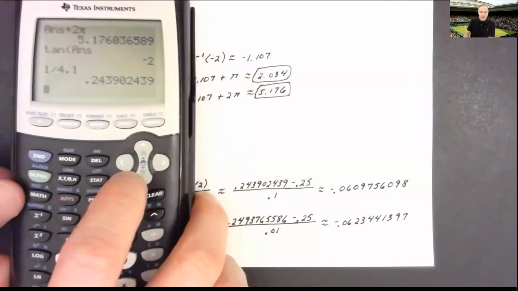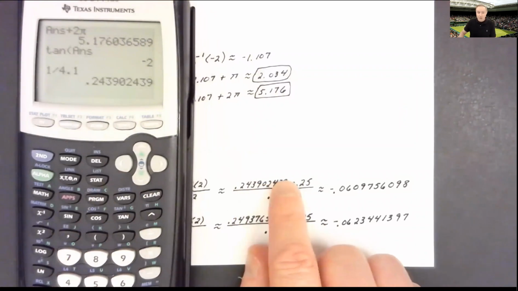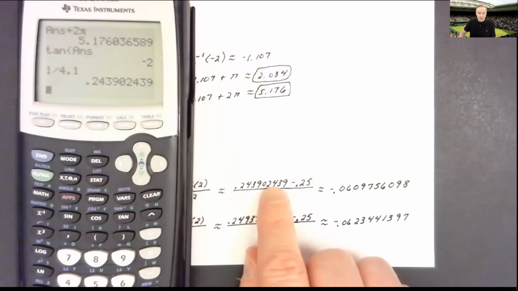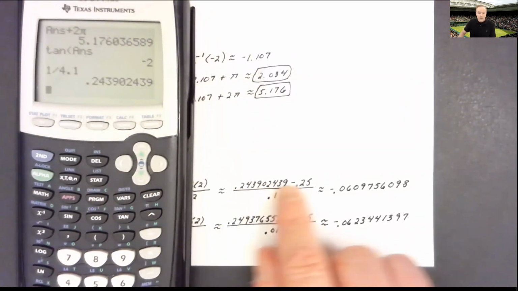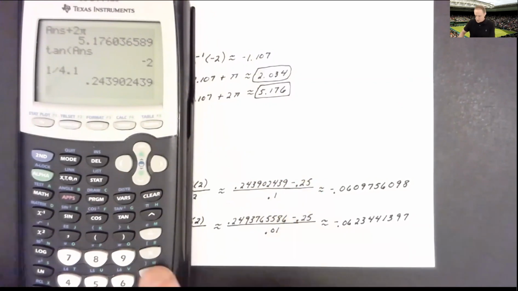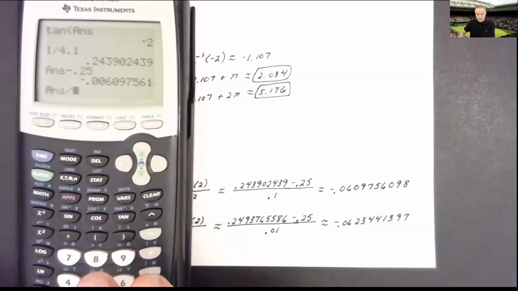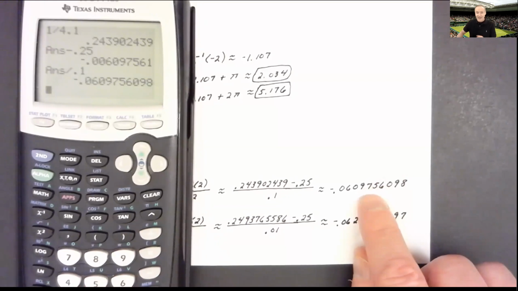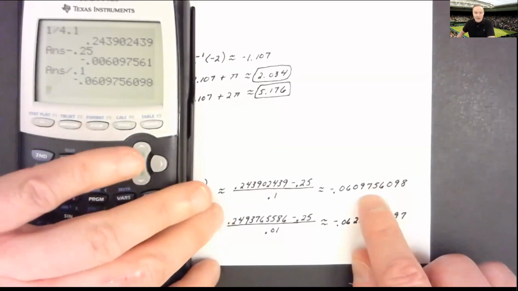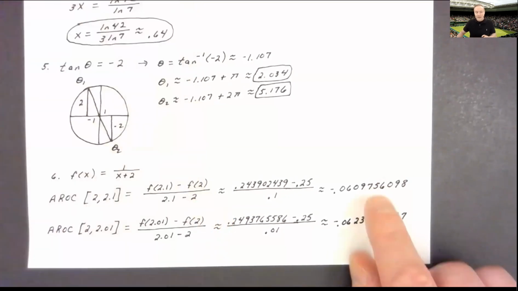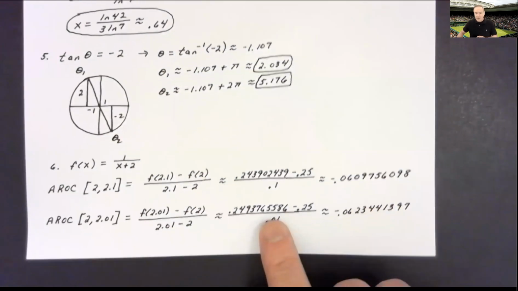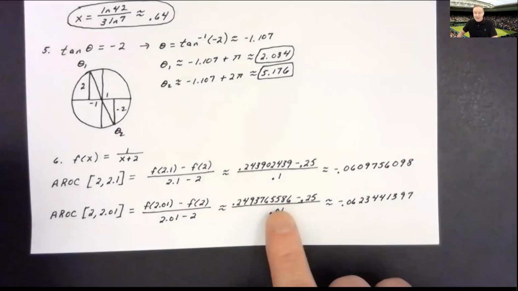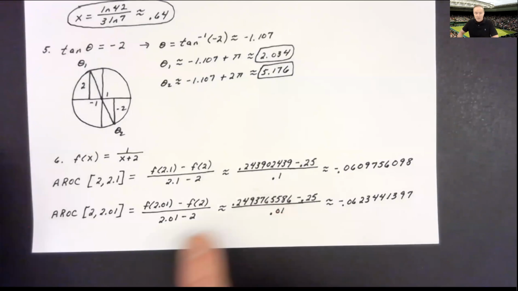That's where I'm getting that first number. Please don't round that number at all. It's going to mess you up if you do. So now I would need to subtract 0.25 from that and take that answer and divide it by 0.1. You'll see I got this right here, the -0.0609756098.